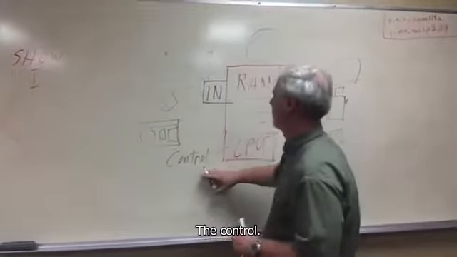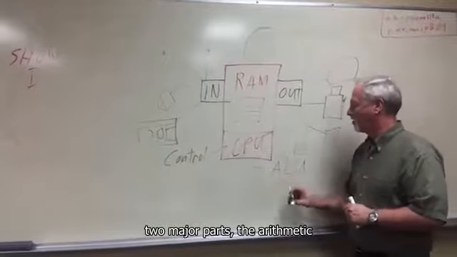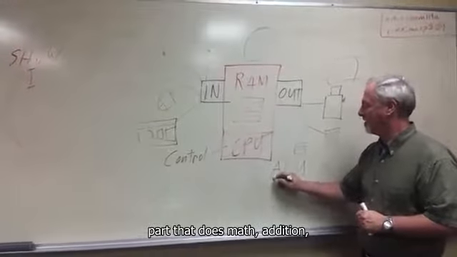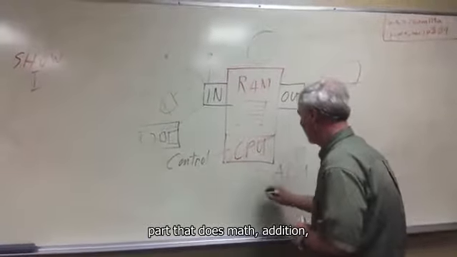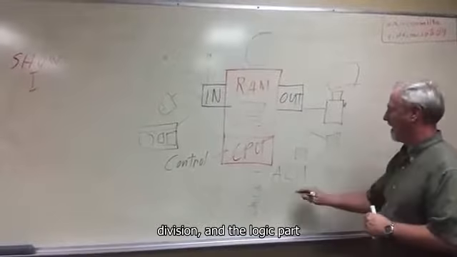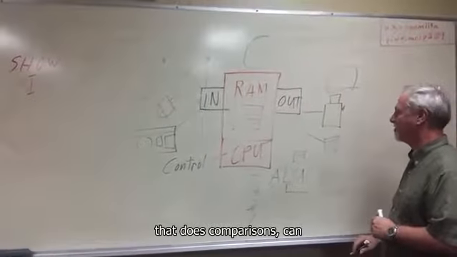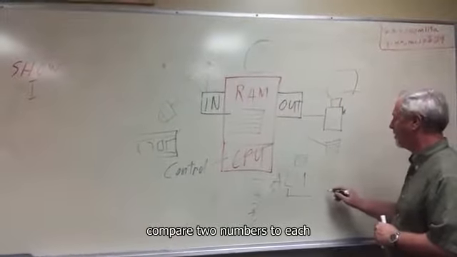The arithmetic logic unit is made up of two major parts: the arithmetic part that does math, addition, subtraction, multiplication, division, and the logic part that does comparisons. It can compare two numbers to each other.